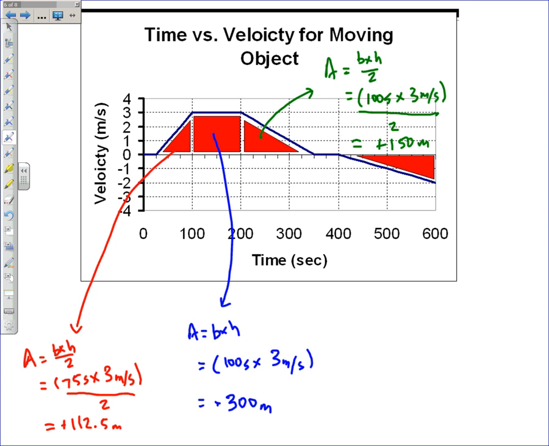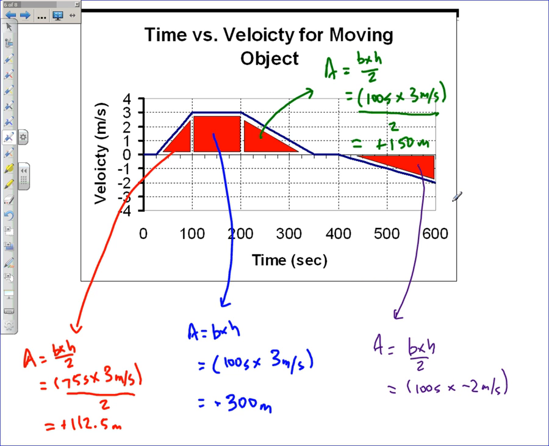Because these are displacements, they should all have positive signs on them. And that's going to be important when we go here to this triangle. Right?